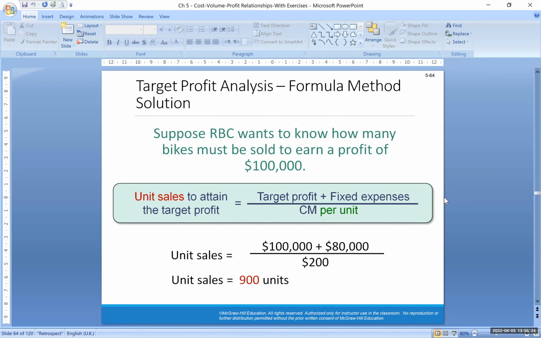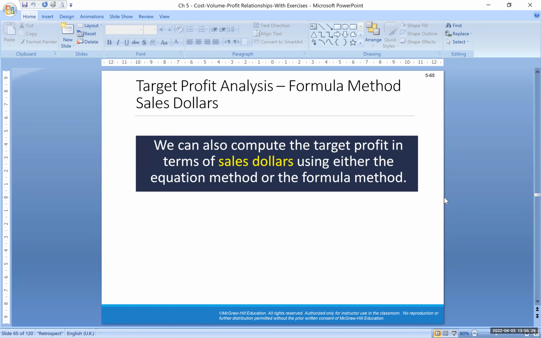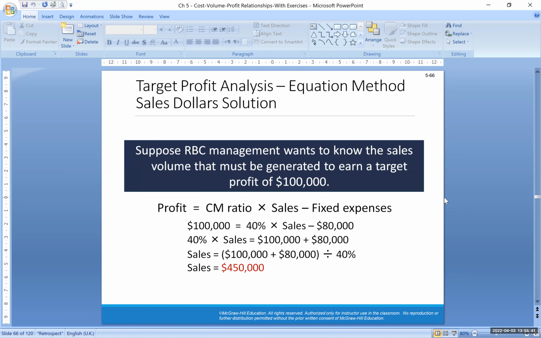Now, the target profit analysis is the formula method for the sales dollars. We can also compute the target profit in terms of sales dollars using either the equation method or the formula method. If we use the equation method, then we will say the profit is equal to what?